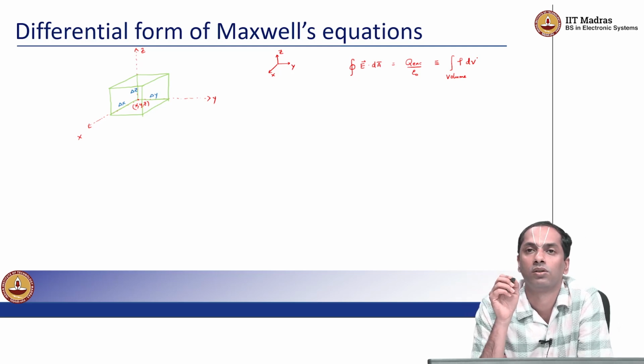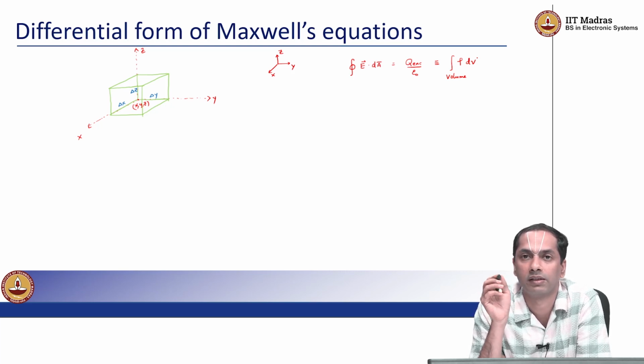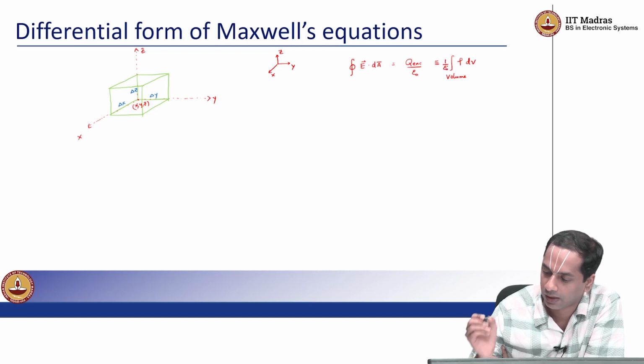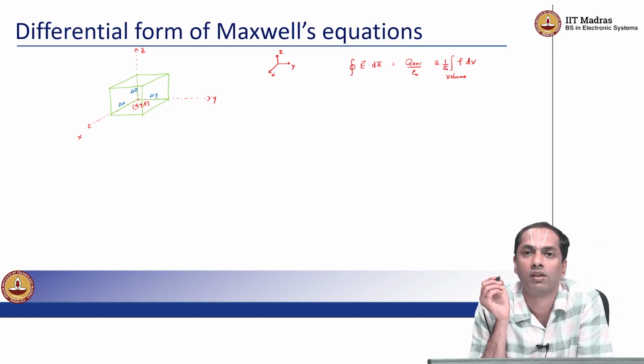Rho is now a charge density per unit volume, and if I integrate this charge density over the volume of interest over which the surface integral is evaluated on the left hand side, I'll essentially get the net charge enclosed. Let's not forget the 1 over epsilon naught. So I've just replaced q enclosed with a volume integral of the charge density.